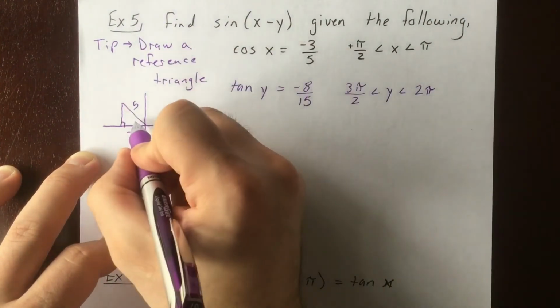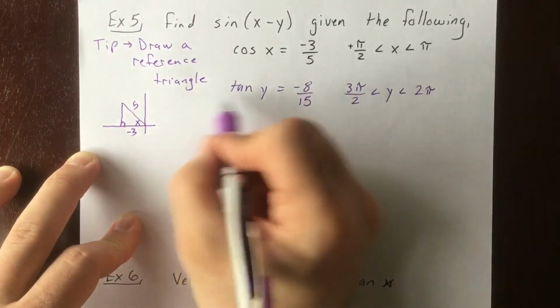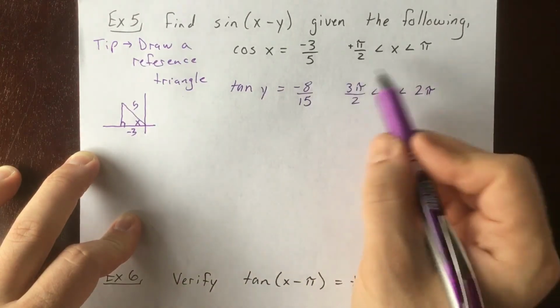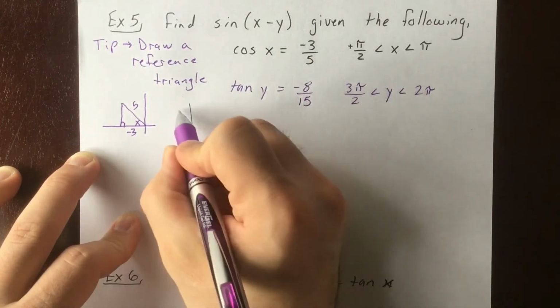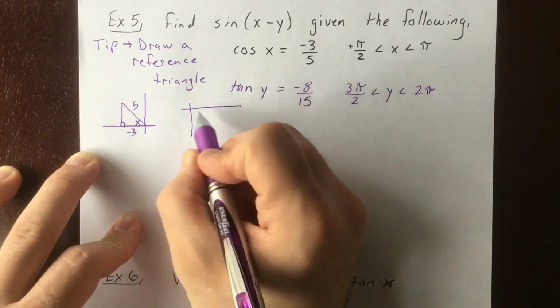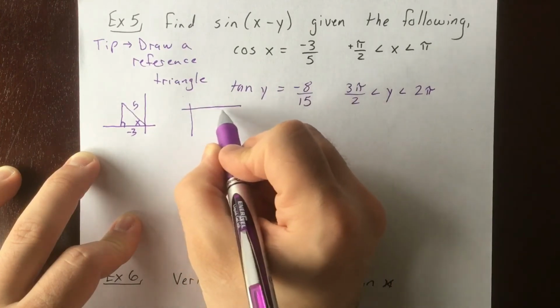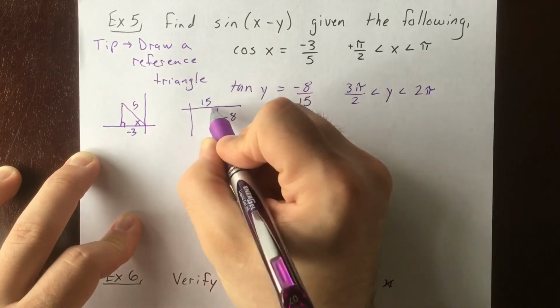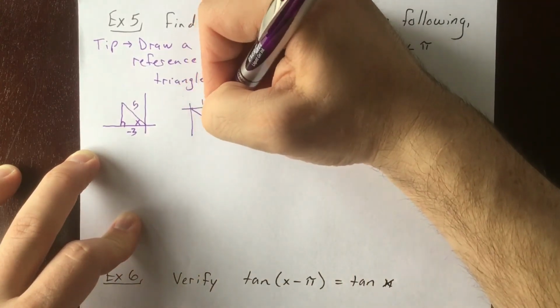So that's angle x. And then for tangent, we are in quadrant 4. So that would be tangent's opposite, so negative 8, and then adjacent is 15.